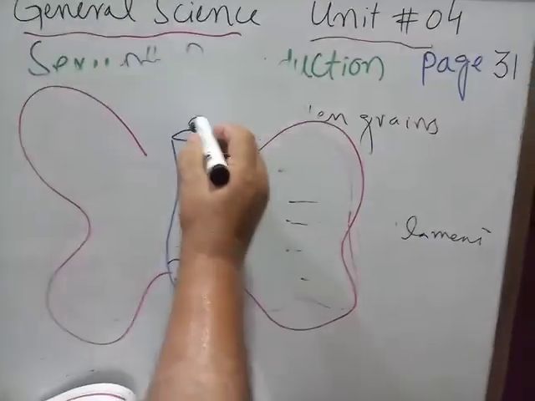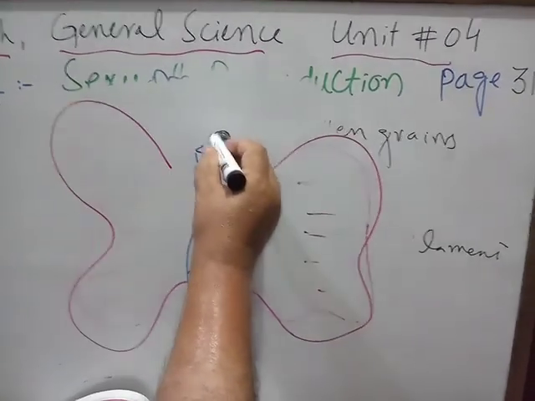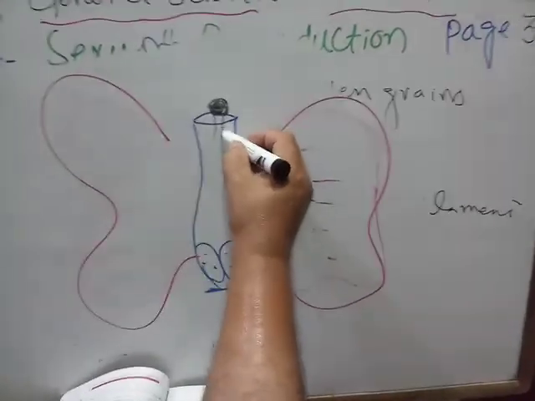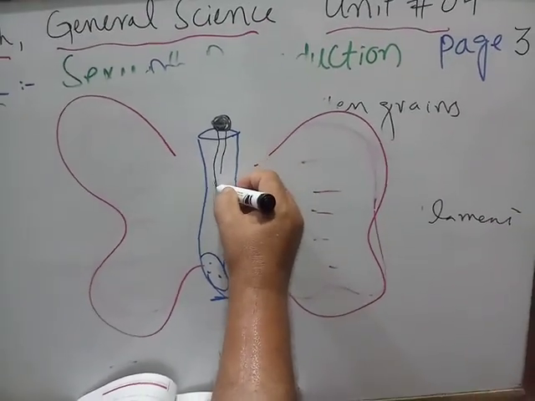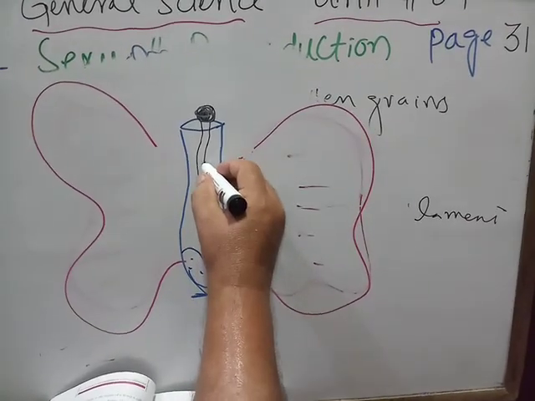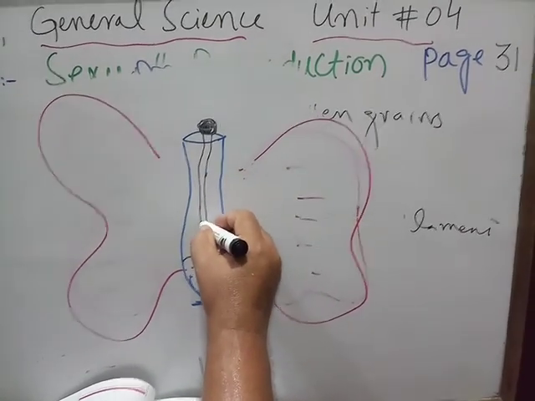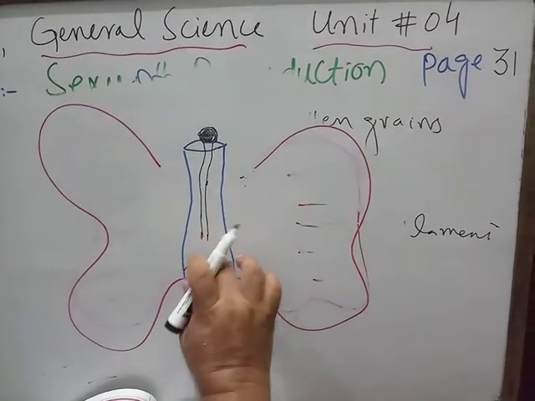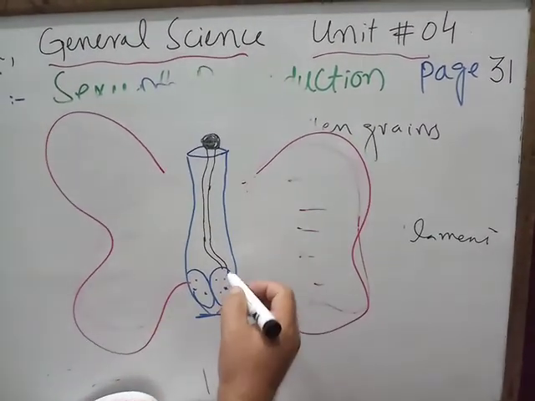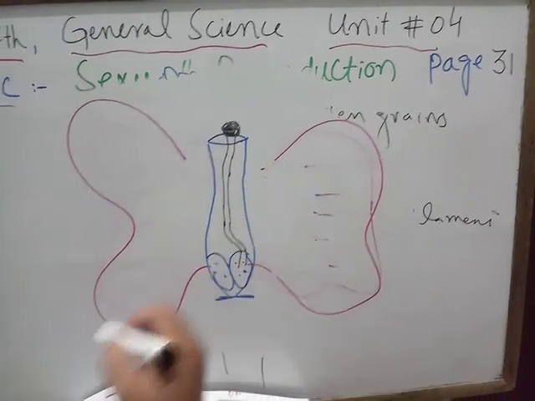When this pollen grain reaches the top of the ovary, it develops a tube which is called the pollen tube. This pollen tube elongates and goes downward and ultimately reaches the ovule and goes to the egg cell.